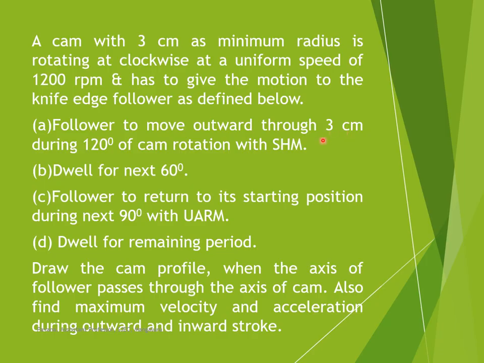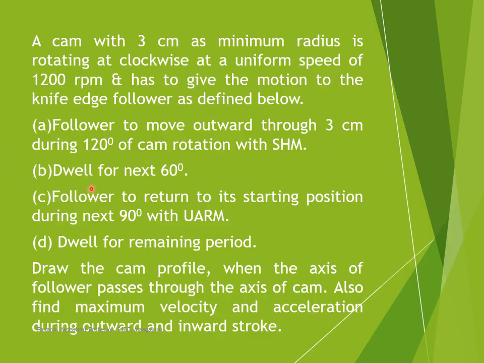Only for the first 120 degree of cam rotation with SHM. What is SHM? I told you about different types of motion. SHM means simple harmonic motion. Understood this statement? So follower is moving outwards, that means upwards, to a distance of 3 centimeter for the first 120 degree with the motion type SHM. That is the first statement.